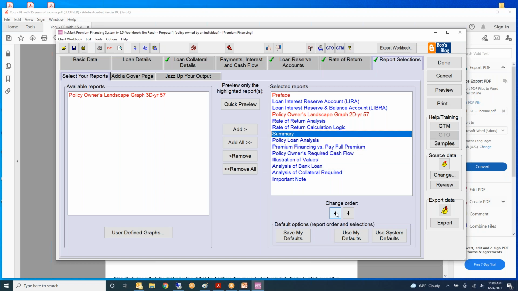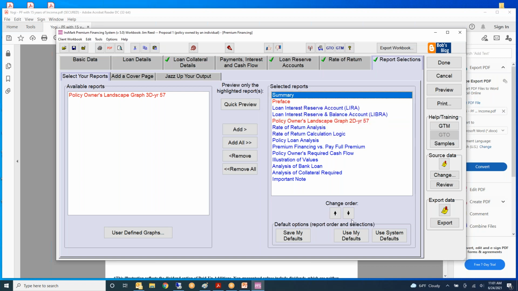So you can move it up. Okay, and this should be after the preface. And I want to move these down, and so on. Okay, so you can order these reports and then you can add a cover page over here.